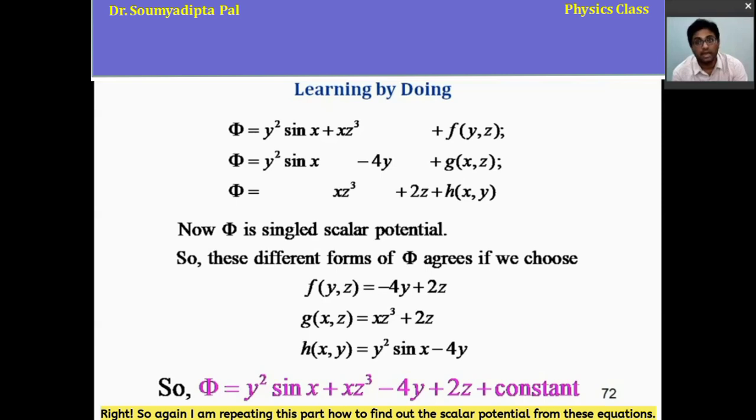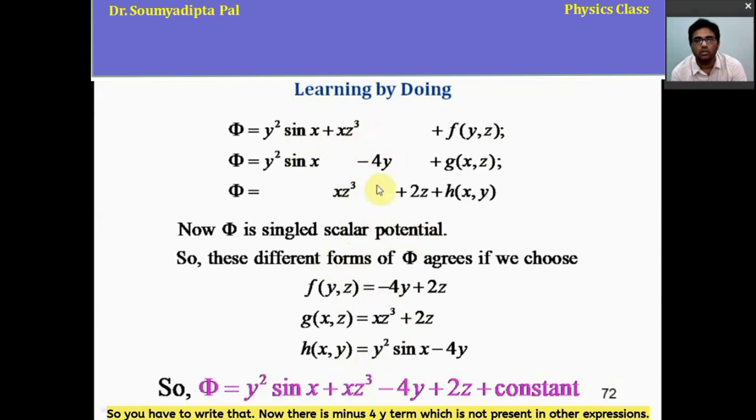So again I am repeating this part, how to find the scalar potential from these equations. So listen carefully. First you try to find the common terms in these expressions. Okay, so here and here y² sin x is common, so let's write that. Then here and here the xz³ term is common, so you have to write that.